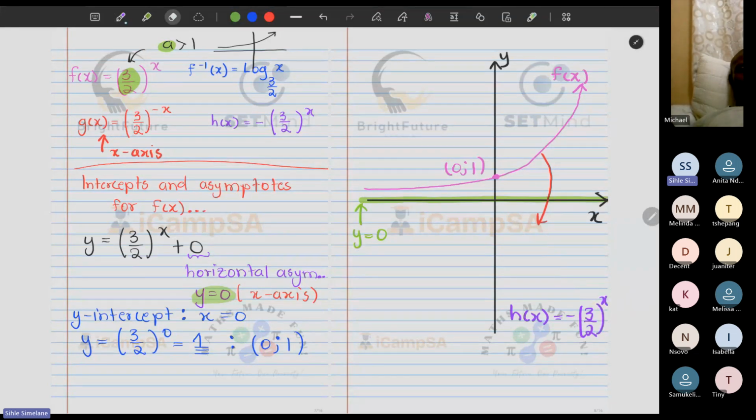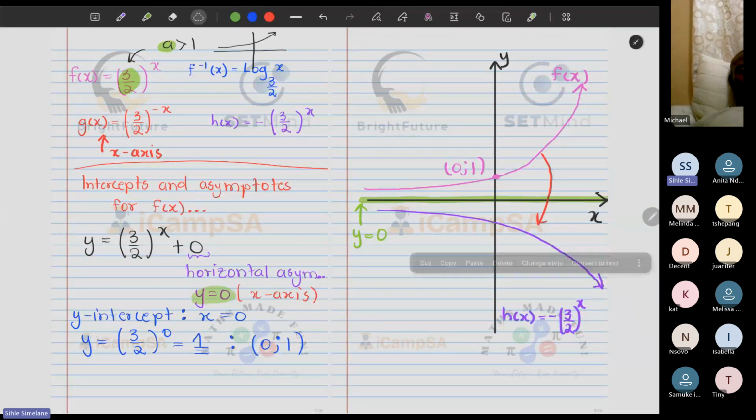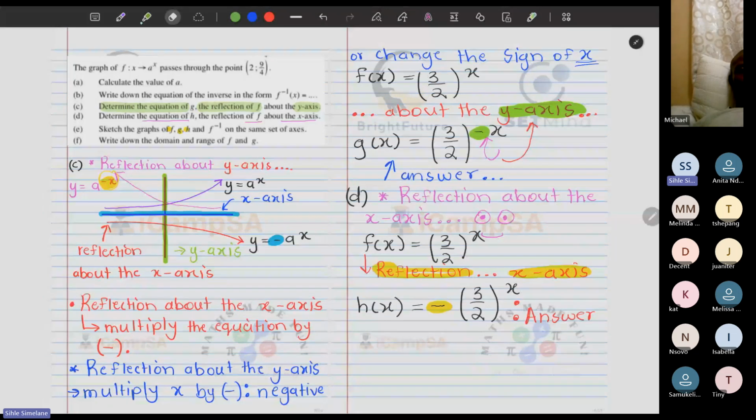Do you guys understand? Yes, give me a thumbs up. And if no, please ask. It's very important that you understand. So H was the reflection about the x-axis. That is why below the x-axis, we put another graph, because that is what H is according to what we determined here on D.